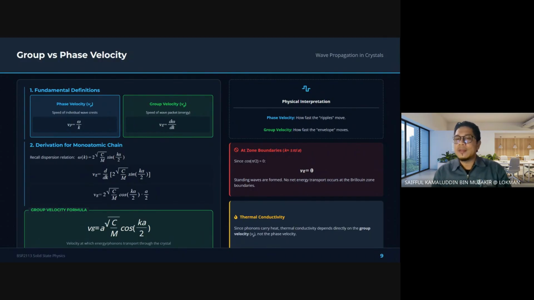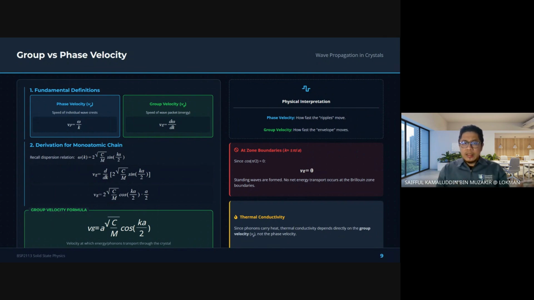Energy and information. The optical fiber, because we carry information using light, because it travels faster than sound or even electrons. So in a crystal, these two velocities are not always the same. The phase and group velocities are not always the same.